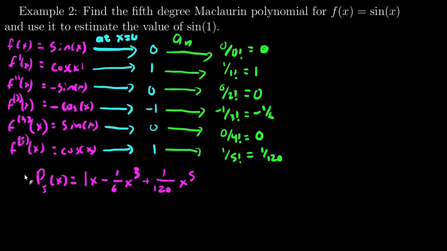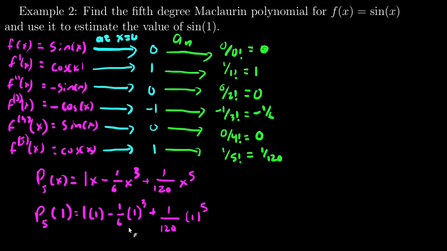And then if I want to use this to estimate sine of 1, then I can just do the 5th degree Maclaurin polynomial evaluated at 1, which will be approximately sine of 1. And so that's going to be 1 times 1 minus 1/6 times 1 cubed plus 1/120th times 1 to the 5th, which is going to become 1 minus 1/6 plus 1/120th.